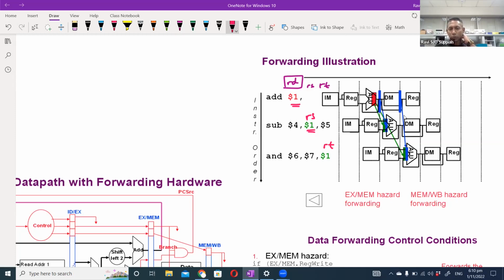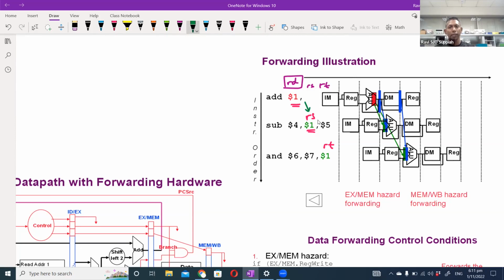I'm just going to show you this specific example, but in hardware we will of course design the whole system to cater to all the different scenarios. If in my earlier instruction the output is my RD register, and that matches my RS register in the next instruction, then I do forwarding from this to this.